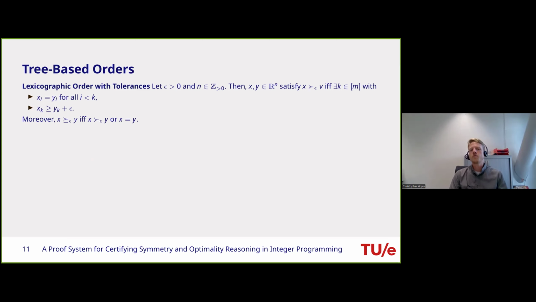If we have this boundedness assumption that at least they are bounded in one direction, then if we make a strict improvement step with respect to such an order, we make an improvement step by at least epsilon. And this means after finitely many iterations, we need to hit this boundary of the semi-bounded region, so that we cannot have arbitrary growth, so to say.